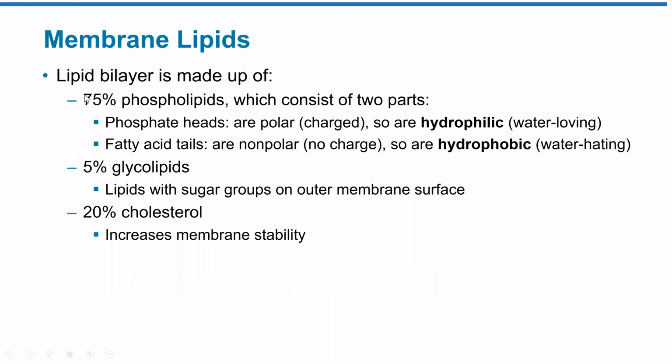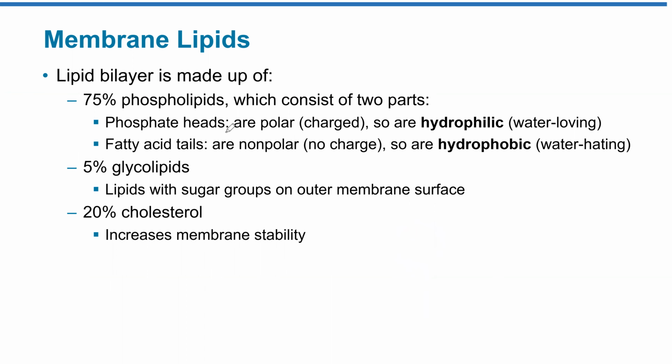Okay, so now let's talk about those lipids that make our membrane. The lipid bilayer is made of 75% phospholipids, which consist of two parts, phosphate heads and fatty acid tails. So a phospholipid looks like it has a head and two tails.